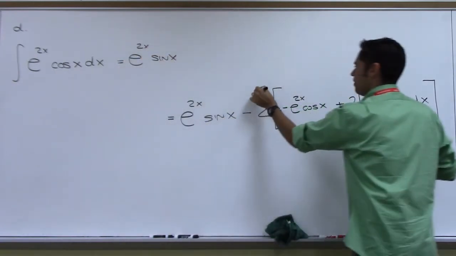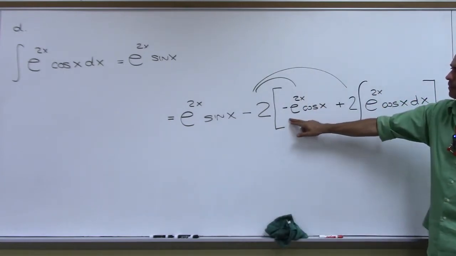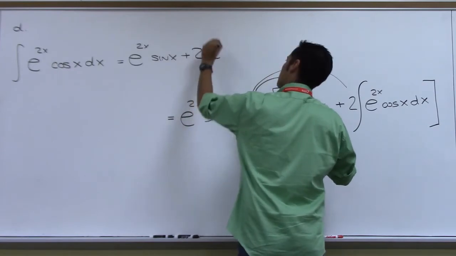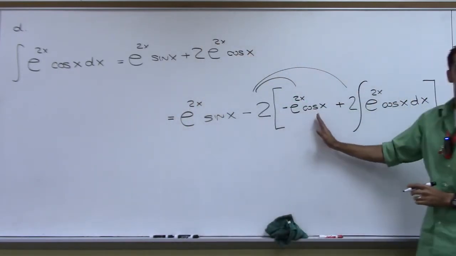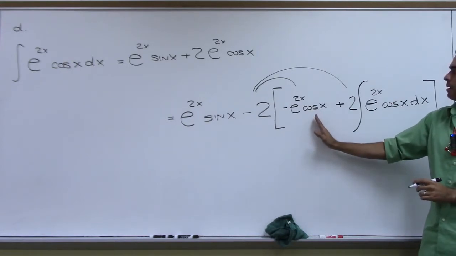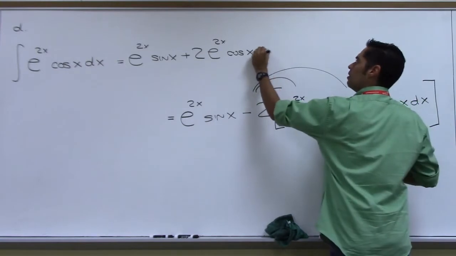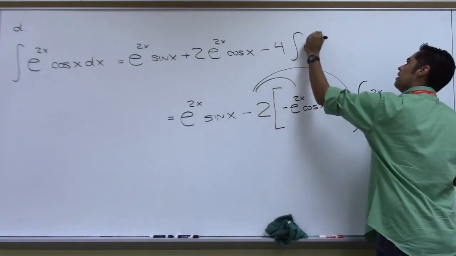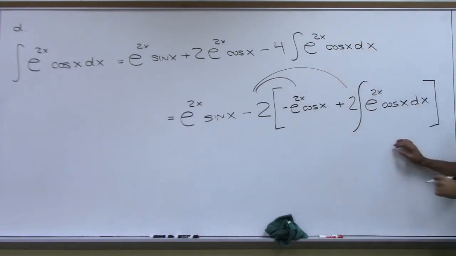Now distribute a negative 2 through here and through here. And what would you get here? Plus 2e to the 2x cosine x, right? That's this times this. And then what's this times this? Minus 4 integral e to the 2x cosine x dx. Yeah?